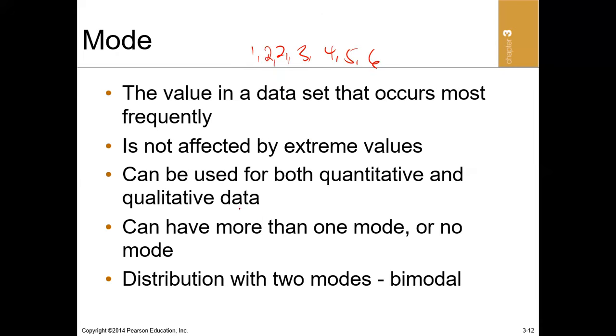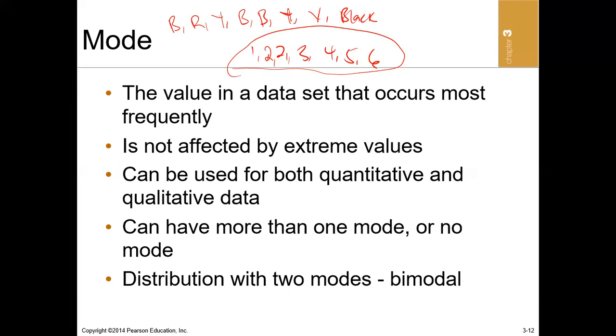Another advantage of the mode is that it can be used for both quantitative and qualitative data. This set of figures here is quantitative. Now, if you ask a set of people their color preference, some will choose blue, some red, yellow, another blue, another blue, another yellow, another violet, another black.